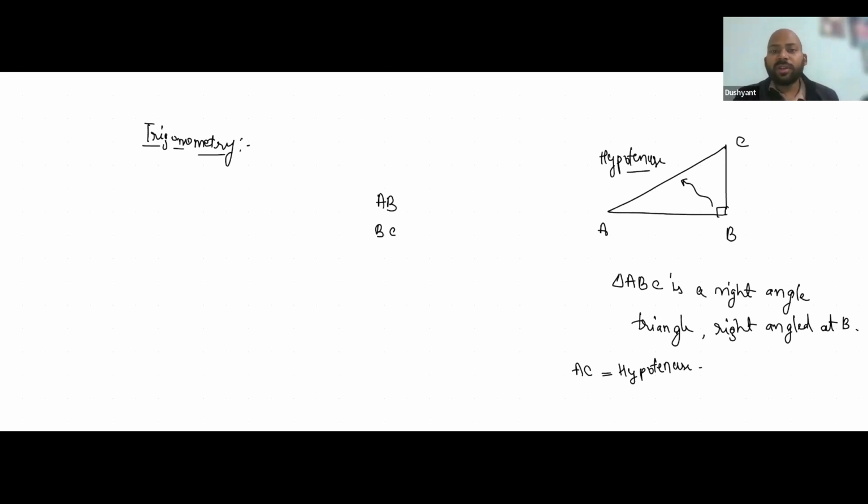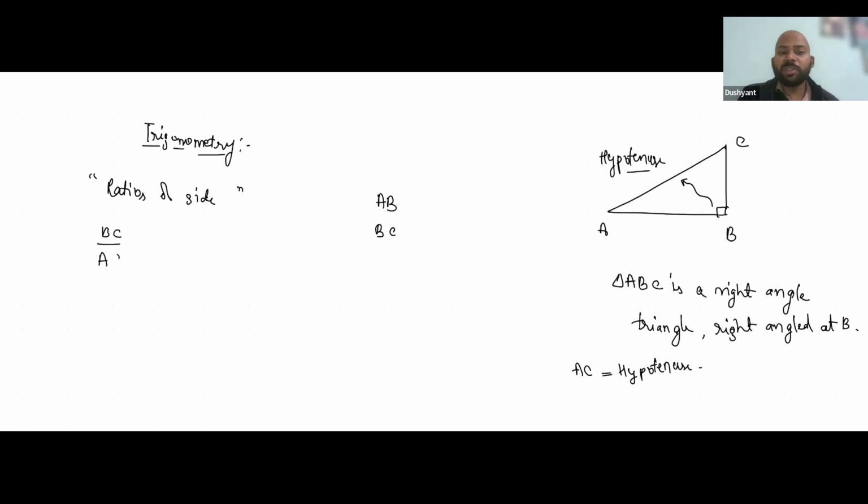Okay, so shall we start? Now, in trigonometry, you will learn about some ratios of sides. If I ask you how many possible ratios are there, let's try this. We can take, let's suppose, BC over AC.